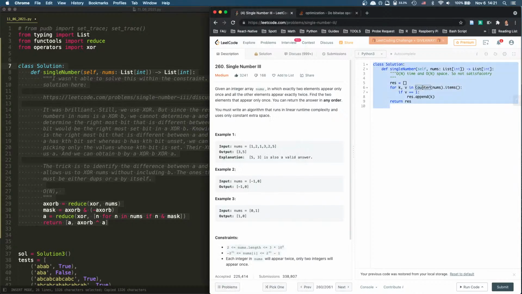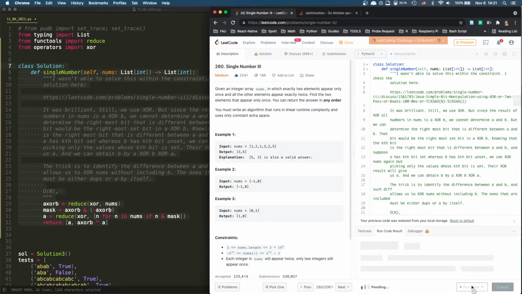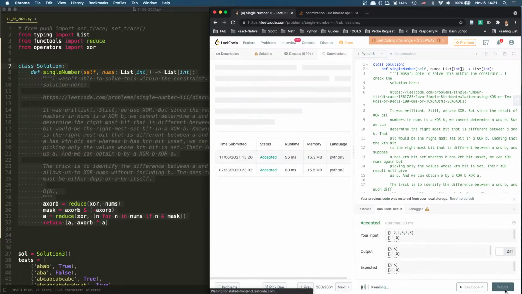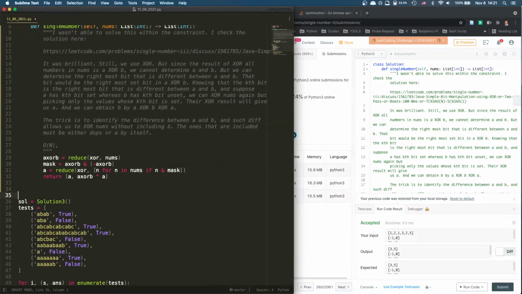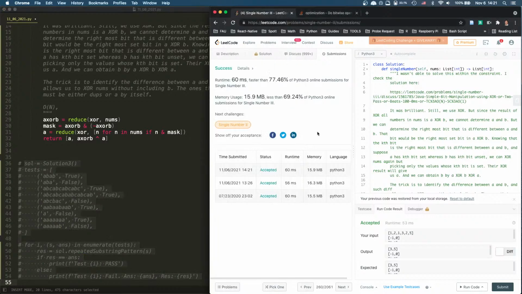Beautiful solution. Really, really nice. Yep, that's it. Submit it. Very nice solution. Well, it doesn't really matter the time, right?